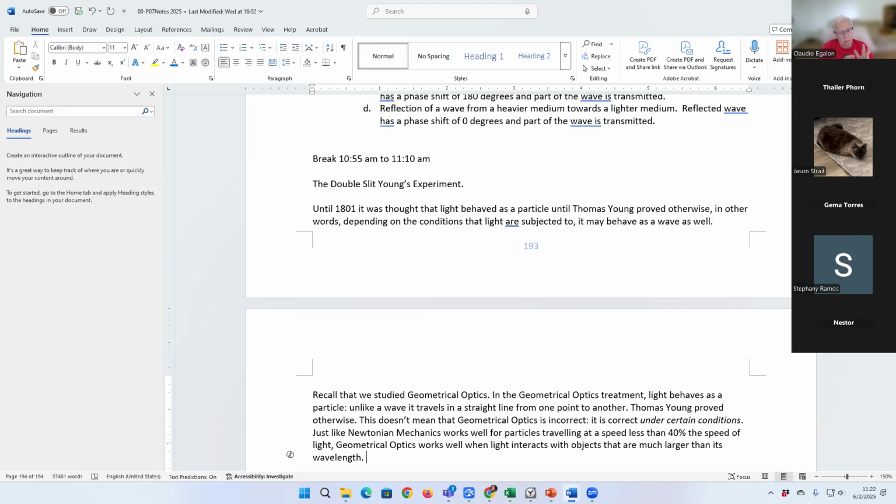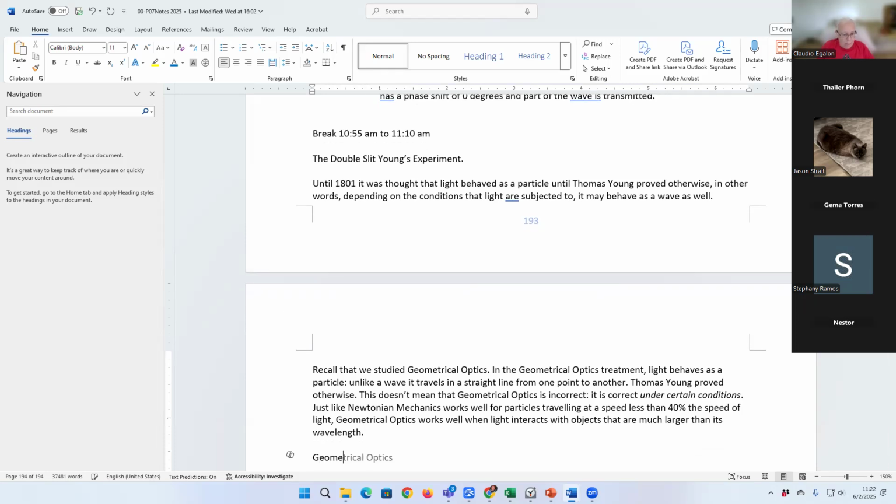However, when the objects that light is interacting with start to become smaller and smaller, to the point that the object size is on the order of the wavelength of the light, then you need to consider the wave effects of light. That's how we decide when to use geometrical optics and when to use wave optics, okay?